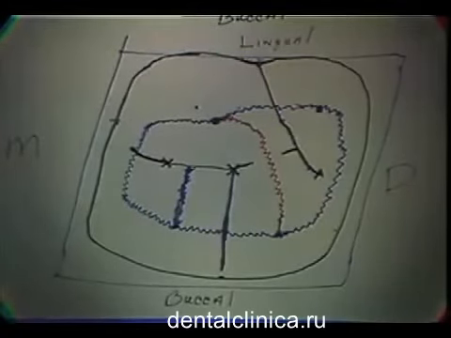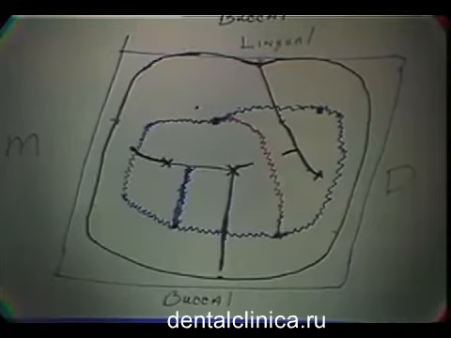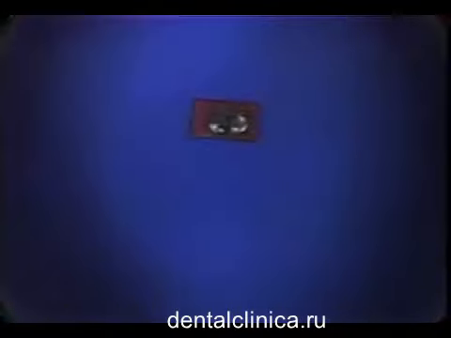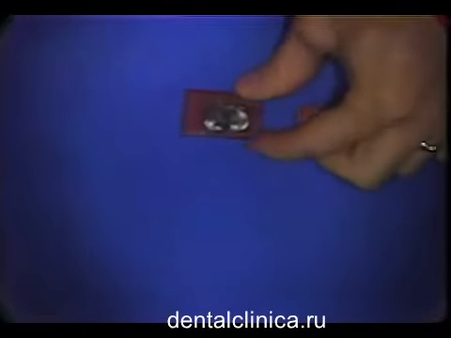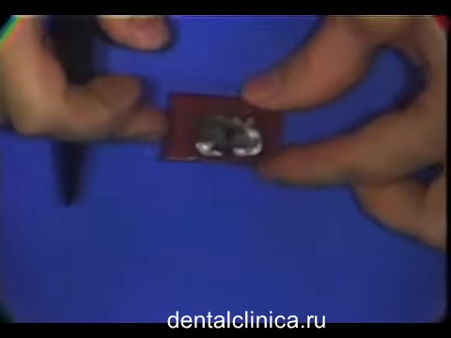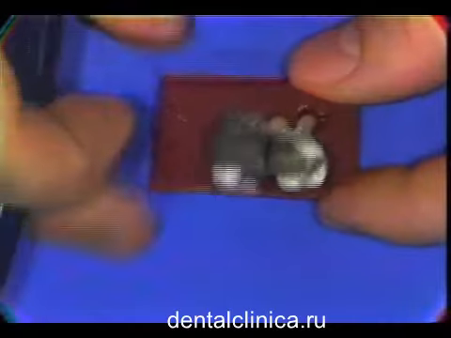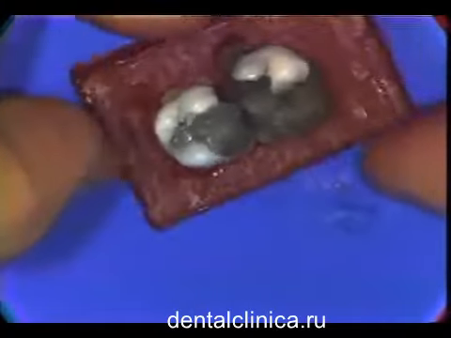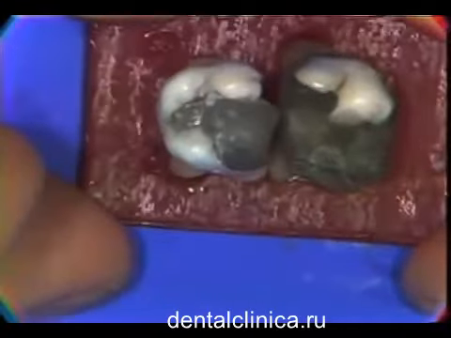Now you may say, why talk so much about occlusal anatomy? Well, restoring these teeth, we get involved in restoring occlusal anatomy to a rather significant extent. And these are old amalgam restorations.